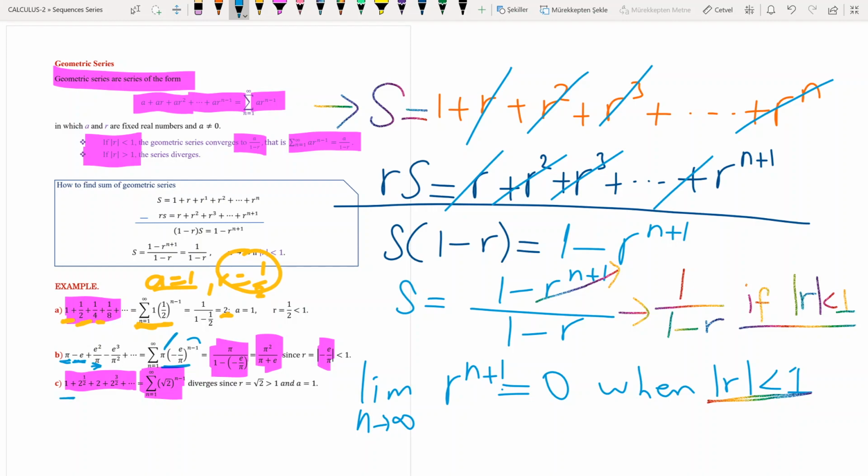For n equals 2, we have square root of 2 to the power 2 minus 1, which is square root of 2 to the power 1, which is the second term. For n equals 3, we get the third term, and so on. In this case, r is square root of 2, and this is greater than 1. Even if a is 1, it does not matter. Since r is greater than 1, the given infinite sum does not converge. The given infinite sum diverges.